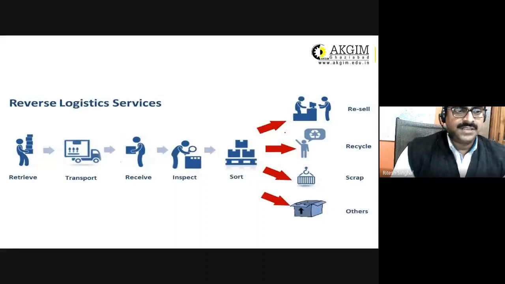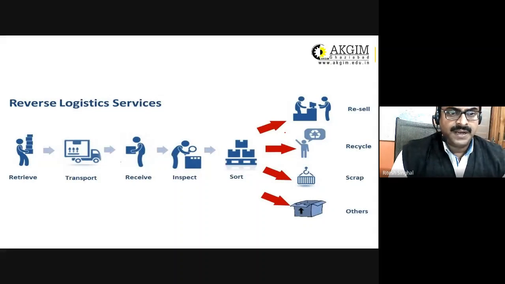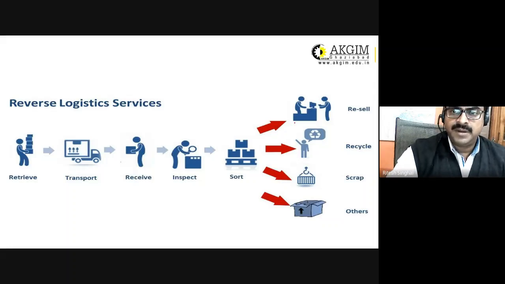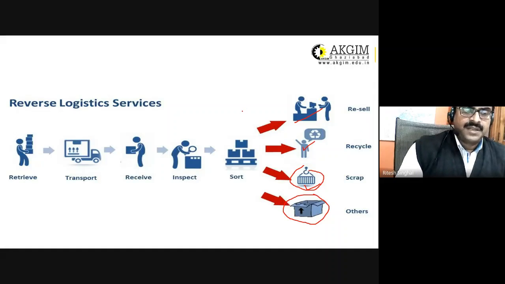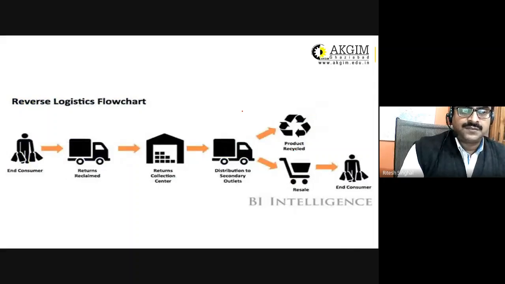So you can see this diagram. People receive the product from the transport, receive it, inspect it, sort it, and ultimately it is either to resell or recycle or scrap, or maybe some kind of replacement. So that is also there. Reverse logistics flowchart.